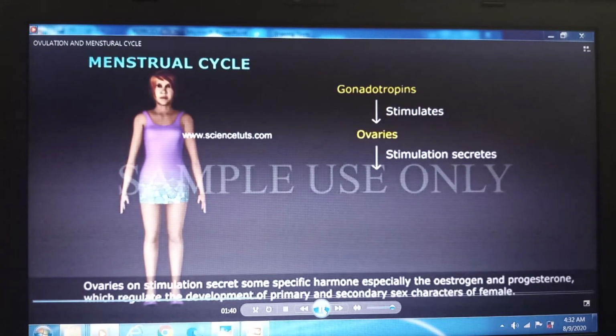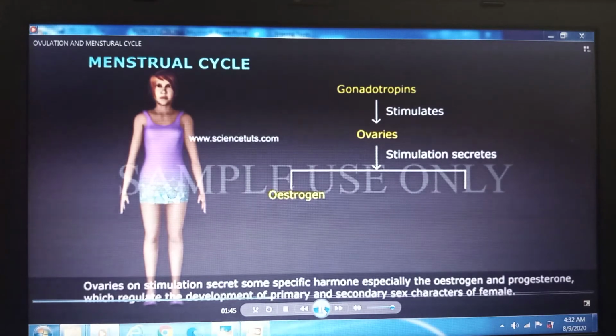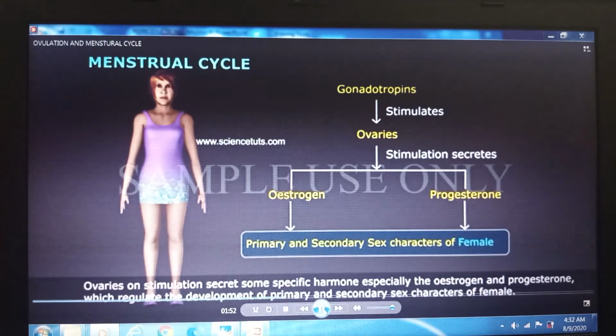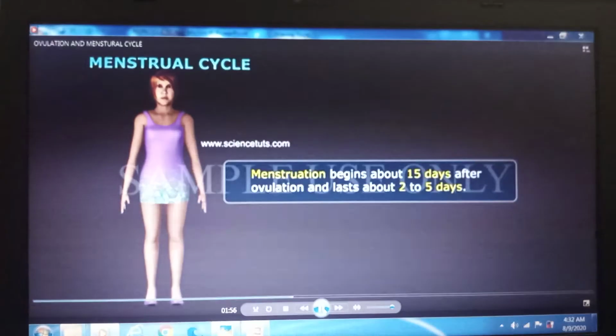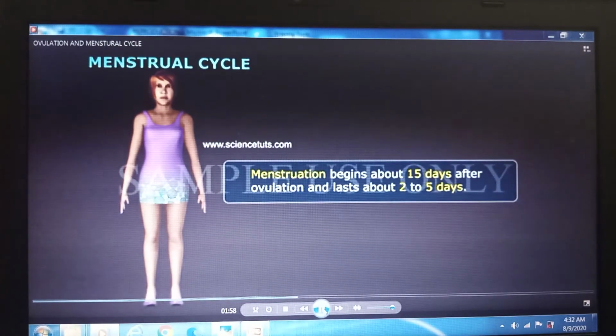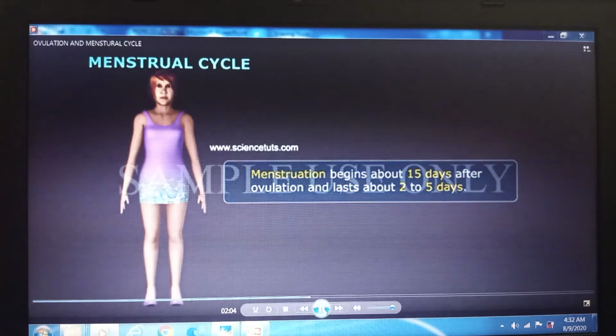Ovaries, on stimulation, secrete specific hormones, especially estrogen and progesterone, which regulate the development of primary and secondary sex characters of the female. Menstruation begins about 15 days after ovulation and lasts about 2 to 5 days.